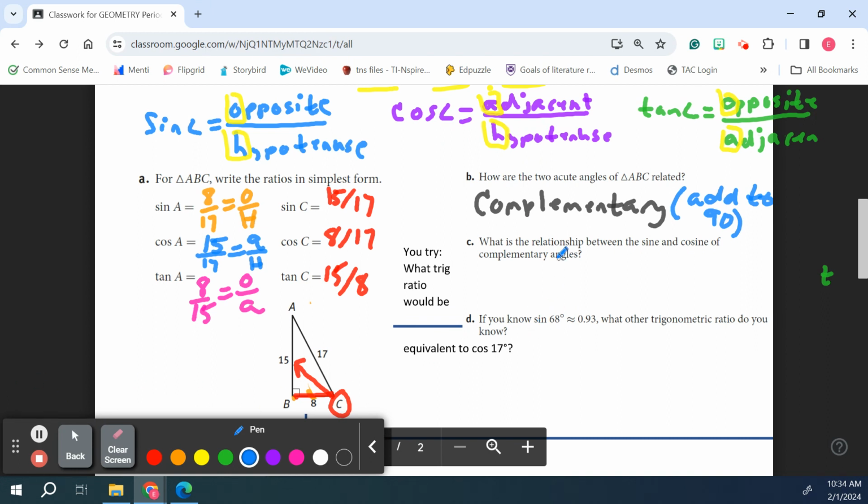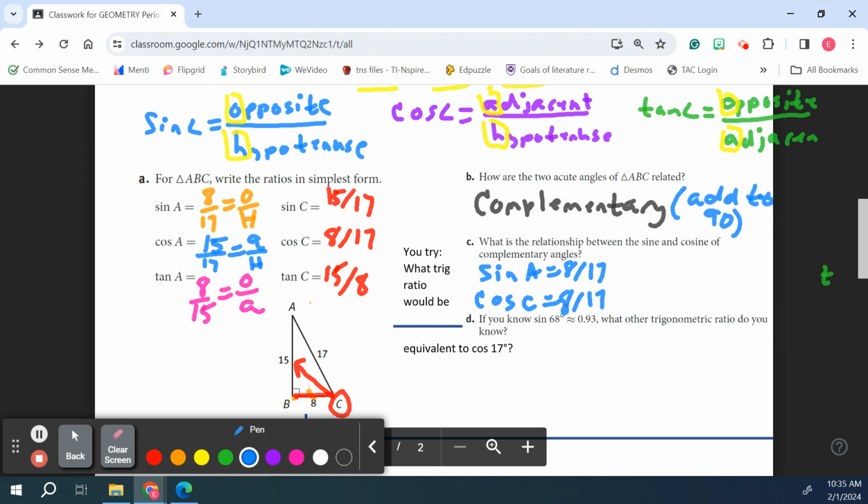So in this case, it says, what is the relationship between the sine and cosine of complementary angles? So if we look at this, let's just take a look at the sine of A and the cosine of C. What do you guys notice here? Sine of A is equal to 8 over 17. The cosine of C is equal to 8 over 17. So they're essentially what? They're the same, right?